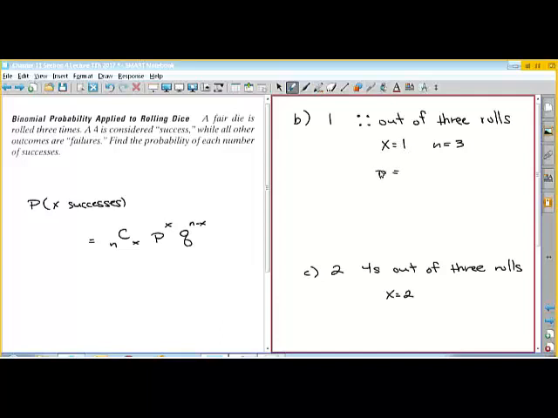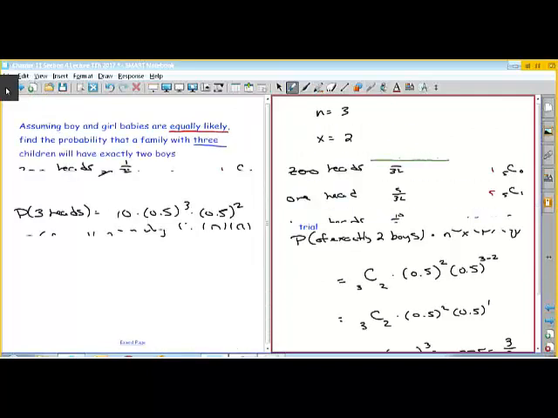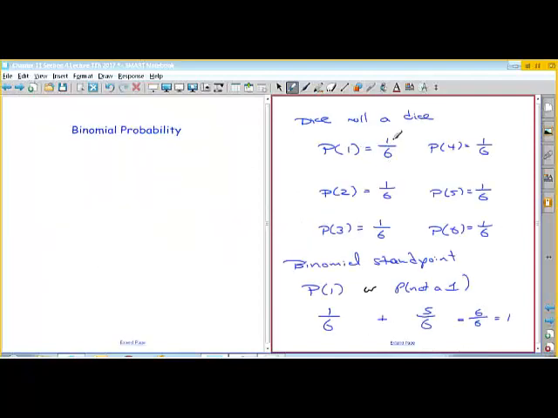The probability of success. So what is the probability of getting a success? We looked at that earlier in the chapter. If we go back all the way to the beginning, we talked about flipping a coin or rolling a dice, and we said the probability of getting a 1 in this case was 1/6, and the probability of not getting a 1 was 5/6, because there's 6 sides to a dice, and only one of them is a success, and the other 5 are failures.